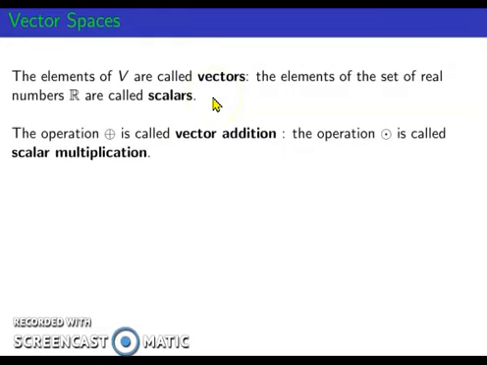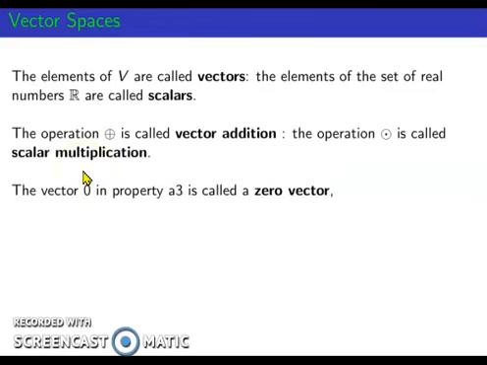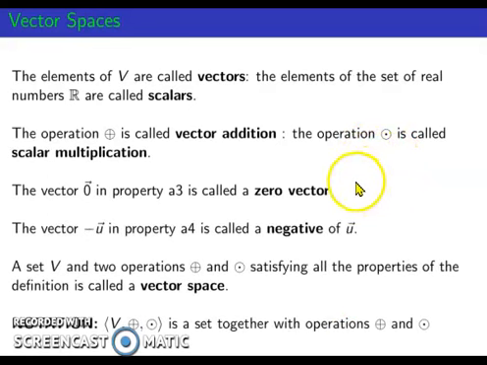So, the operation, this one is called the vector addition, and this operation is called the scalar multiplication. The vector 0 in property A3 is called the zero vector, and the vector negative u in property A4 is called the negative of u.